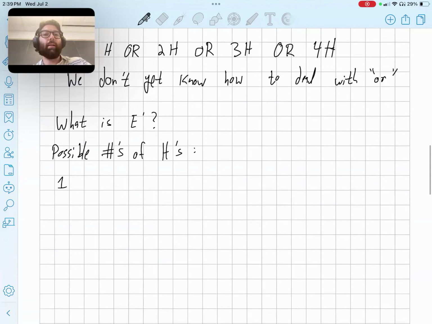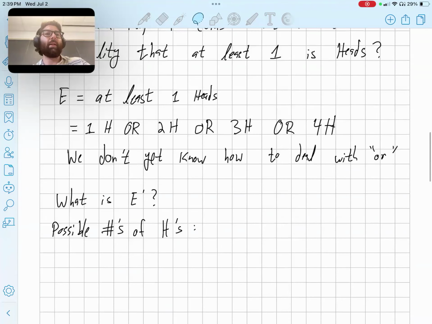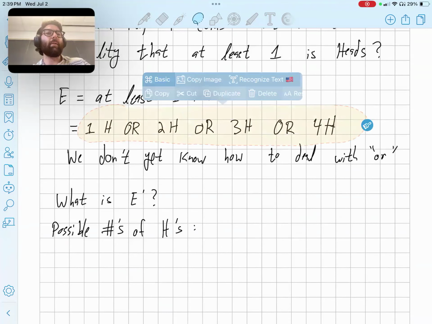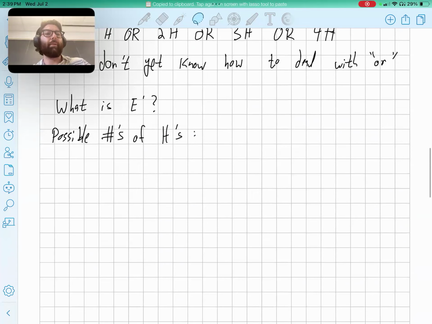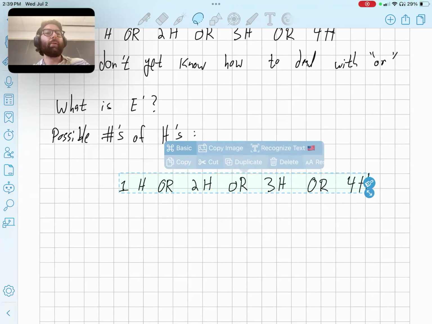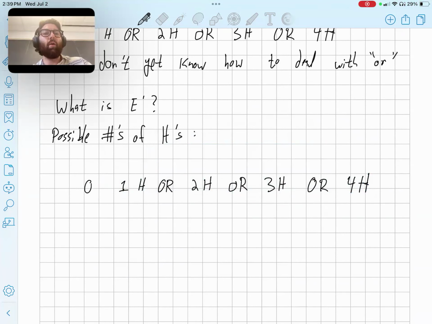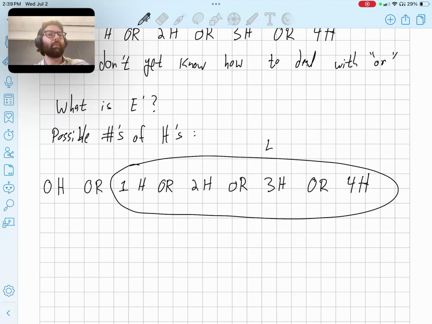Well, you could get 1 heads, just like before. All of these are possibilities. You could get 1 heads, you could get 2 heads, you could get 3 heads, you could get 4 heads. But there's one more. You could also get 0 heads. Okay. And so if E is 1 or 2 or 3 or 4 heads, then E prime is 0 heads.